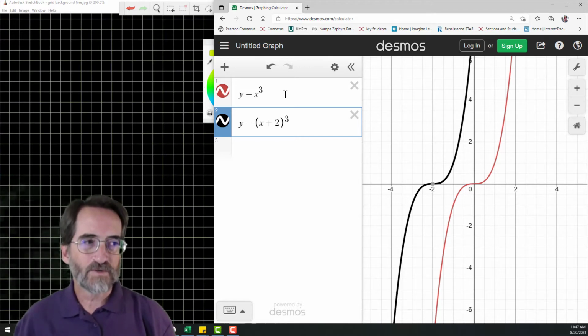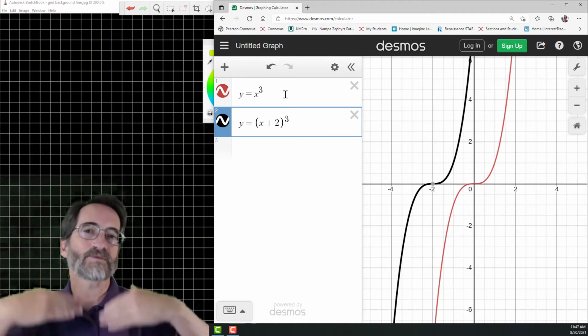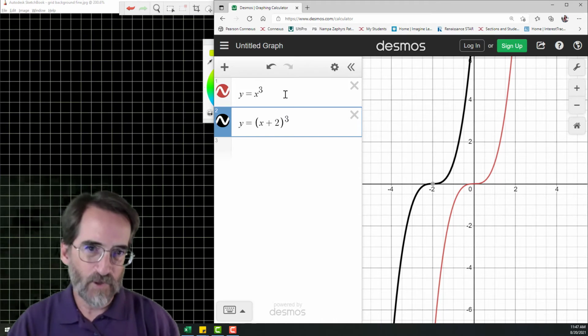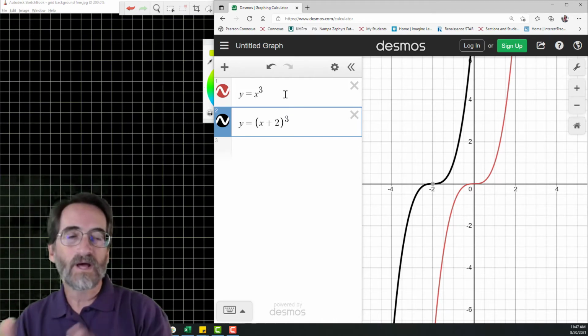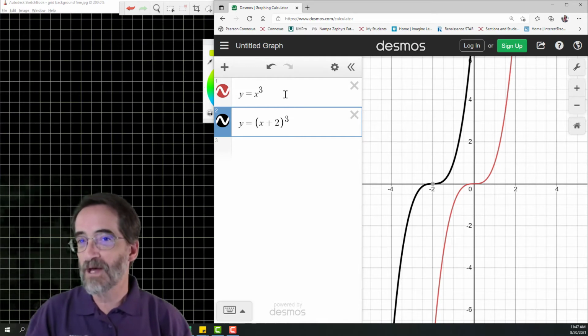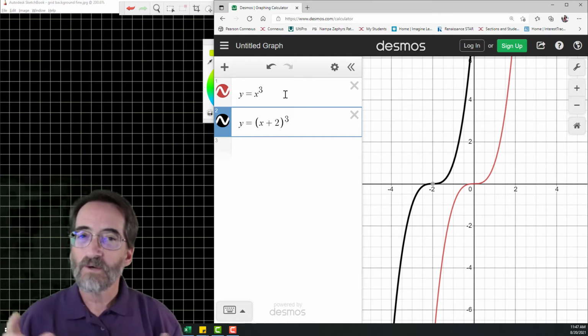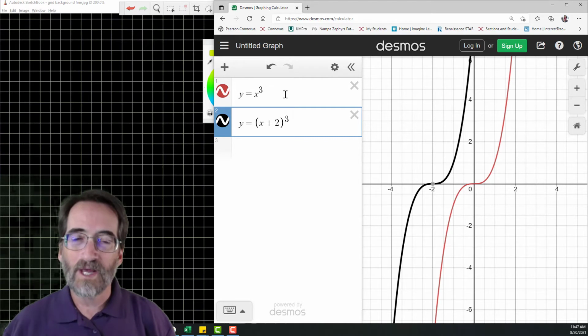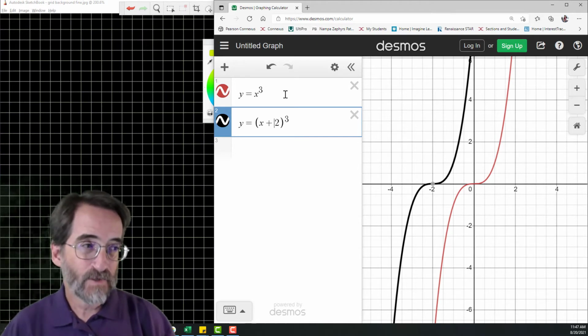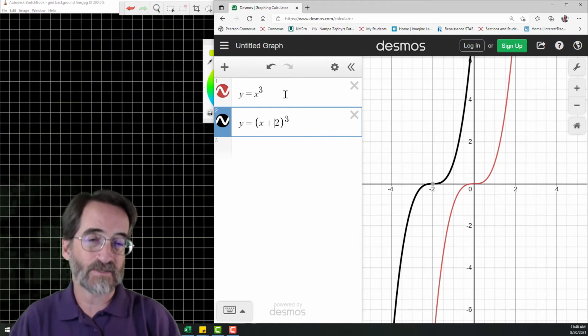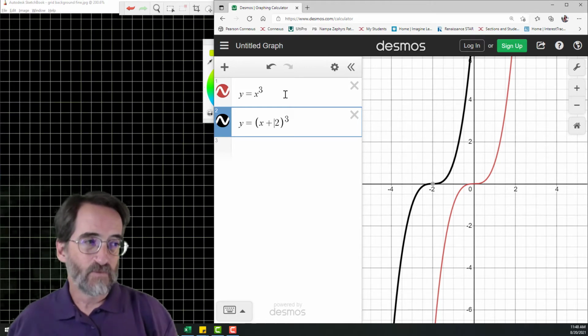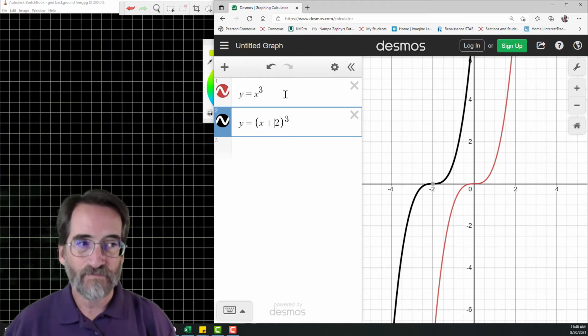It's interesting that adding something moves it up and subtracting something moves it down, but adding something to x moves it left and subtracting something from x moves it right. In my mind, anything I do to x, the independent variable, has the opposite effect you might anticipate. It moves in the opposite direction.